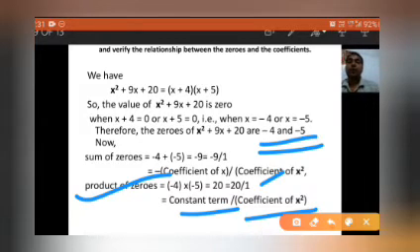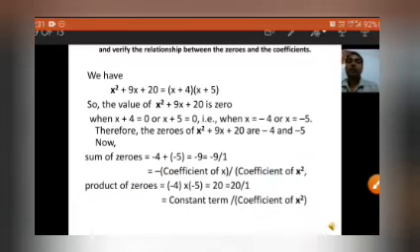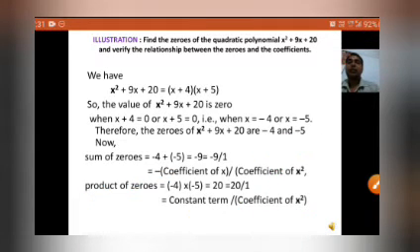So in this question, the relation between zeros and coefficients is verified: the sum of zeros is equal to minus coefficient of x divided by coefficient of x square. Similarly, the product of zeros is equal to the constant term divided by coefficient of x square.